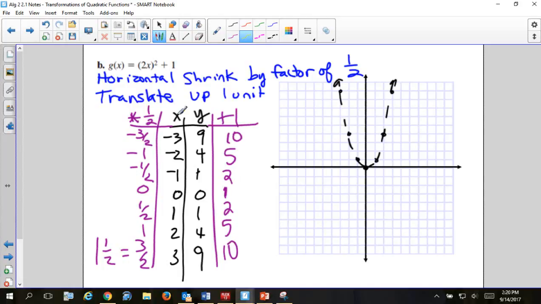And you always graph your most recent x's and most recent y's. So I will graph -3/2, 10, which is -1.5, 10. -1, 5. -1/2, 2. 0, 1. 1/2, 2. 1, 5. 1.5, 10.